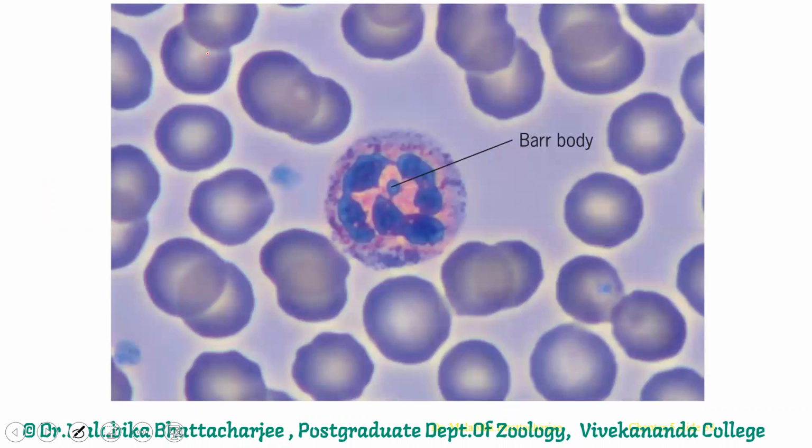Now this is a picture of the heterochromatic X as seen under the microscope, and this is known as the Barr body. The name Barr comes from the Canadian geneticist Murray Barr, who was the first to cytologically observe the inactivated X. So in her respect, this inactivated X is referred to as the Barr body.